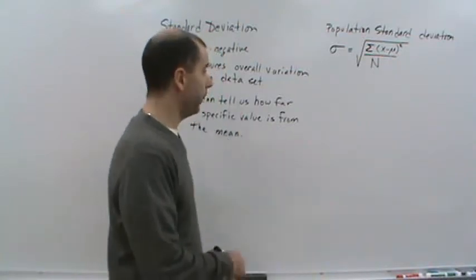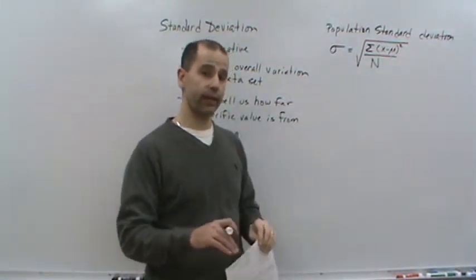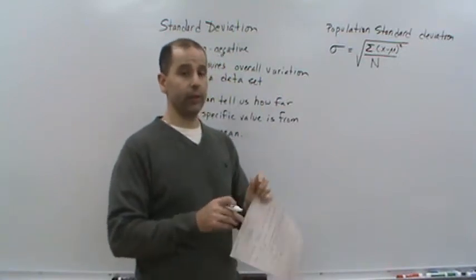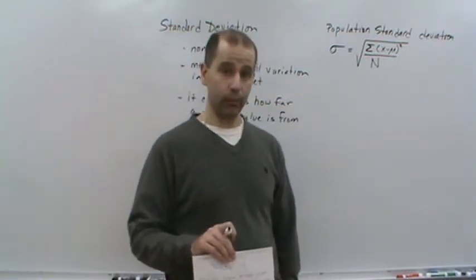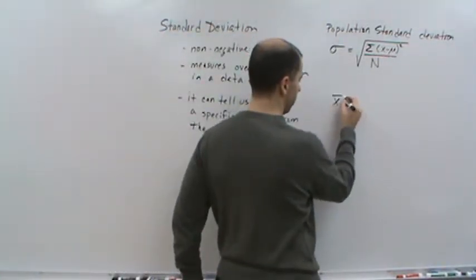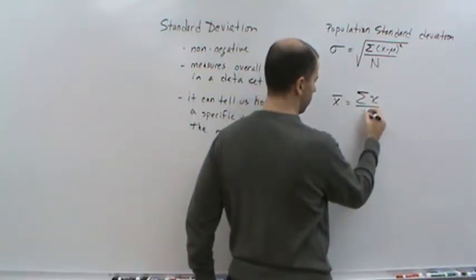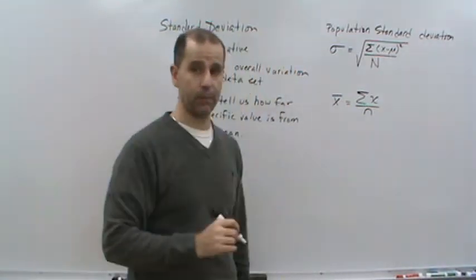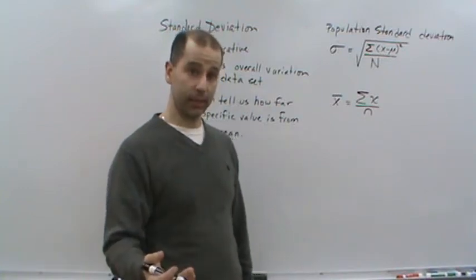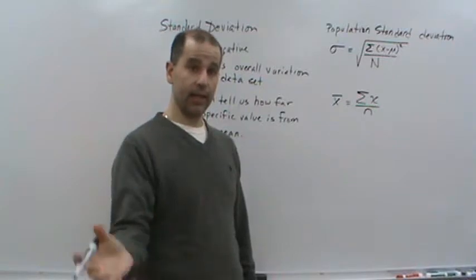Good. Okay, so now that's population standard deviation. Here is how you calculate the sample standard deviation. If you recall, when we dealt with the sample mean, we had this. That was the sample mean. The only difference between the sample mean and the population mean was that we were using capital N for the population size instead of n.